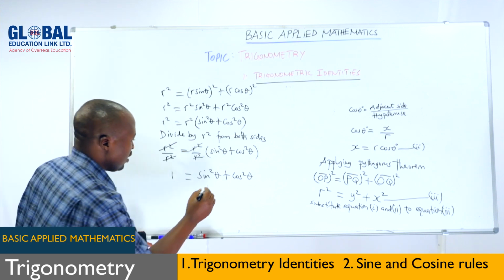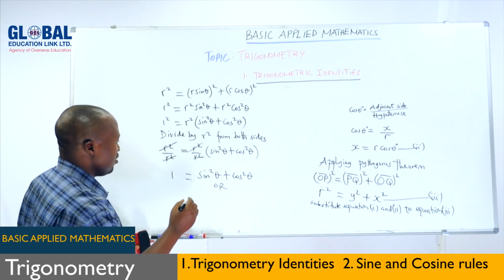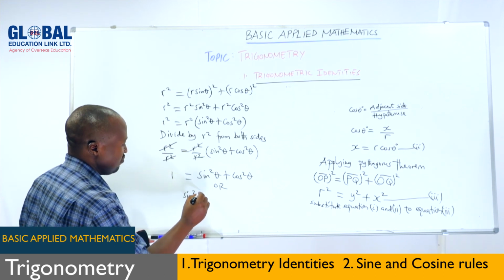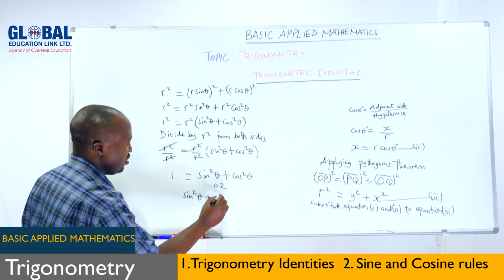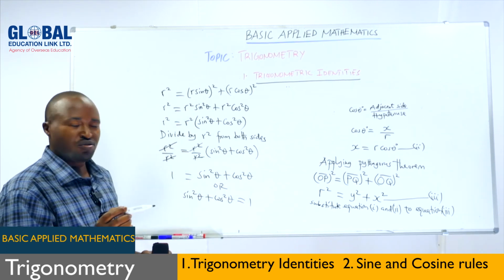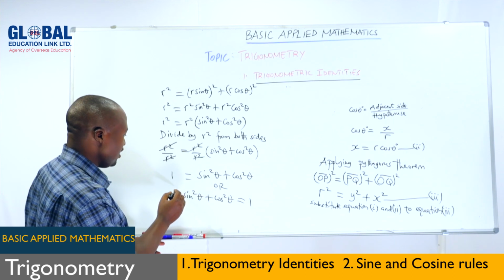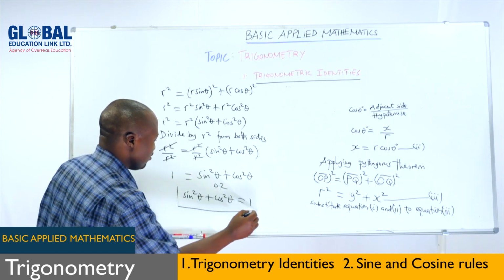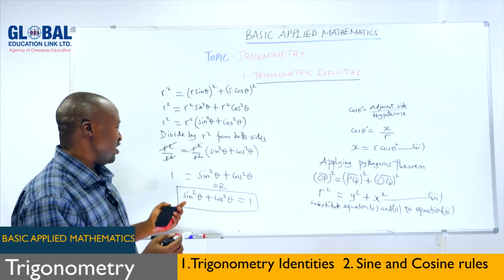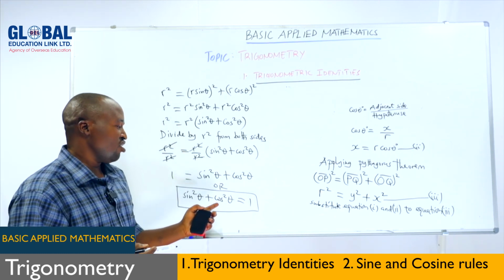That is, sine squared theta plus cos squared theta is equal to 1. So my dear student, this is our first identity formula, which connects sine and cosine.